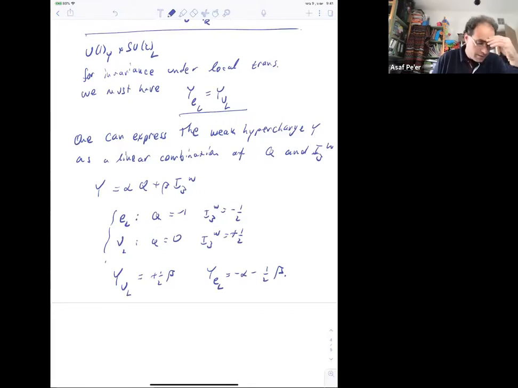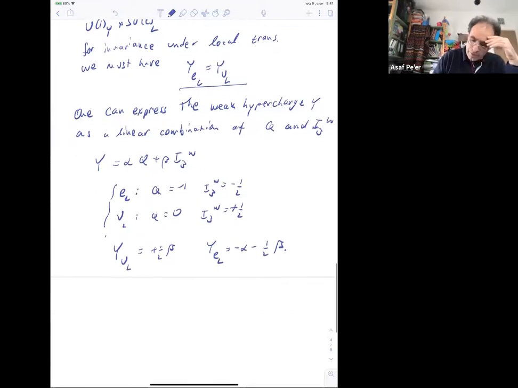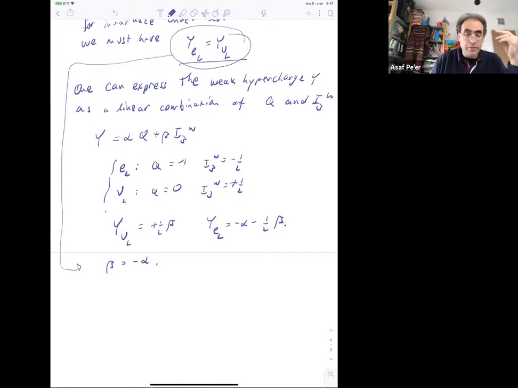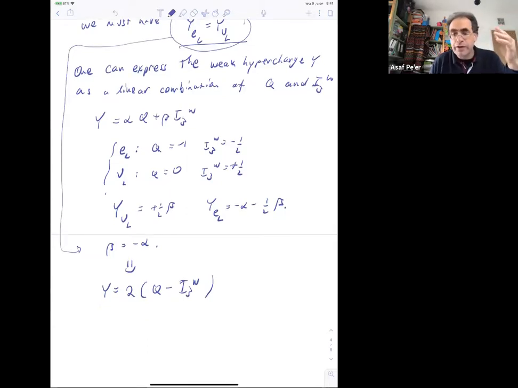And using the requirement that they're both equal, that automatically gives that beta must be equal to -alpha, which means that we can always write the weak hypercharge as Y is equal to 2 times (Q minus I3 weak). The factor of 2 here is just normalization. It's a convention.